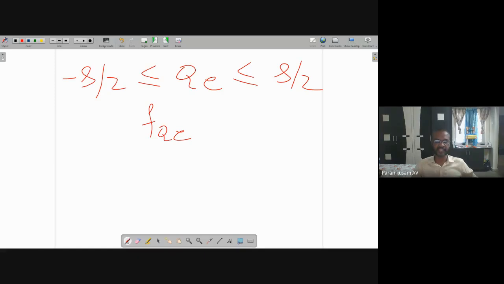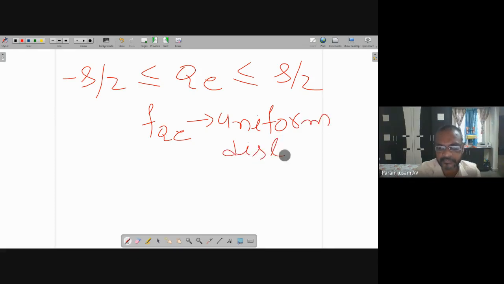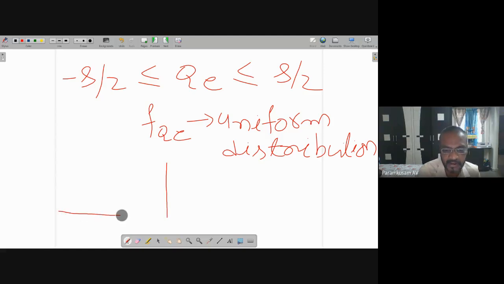Because it lies equally in that range, this is called uniform distribution. గుర్తుందా? Uniform distribution. You know that.